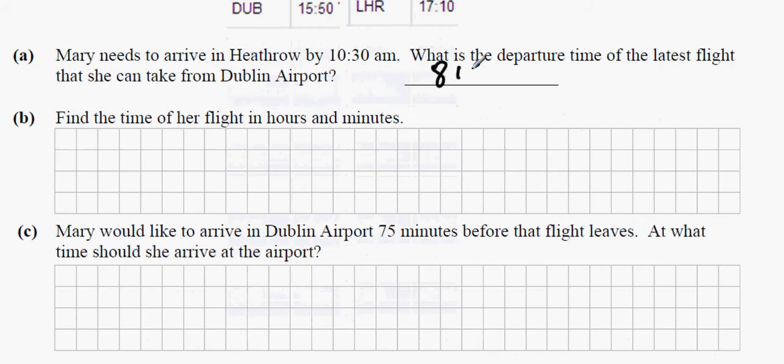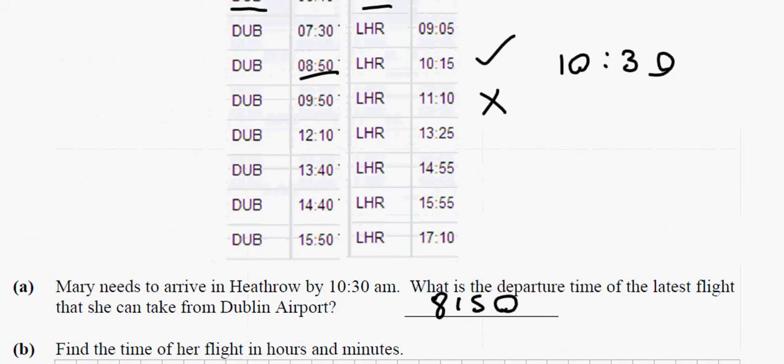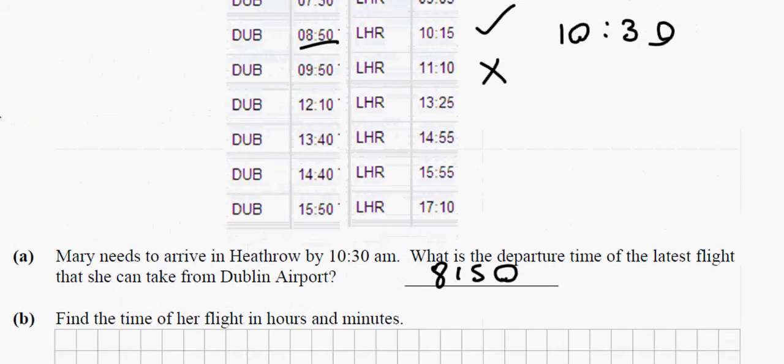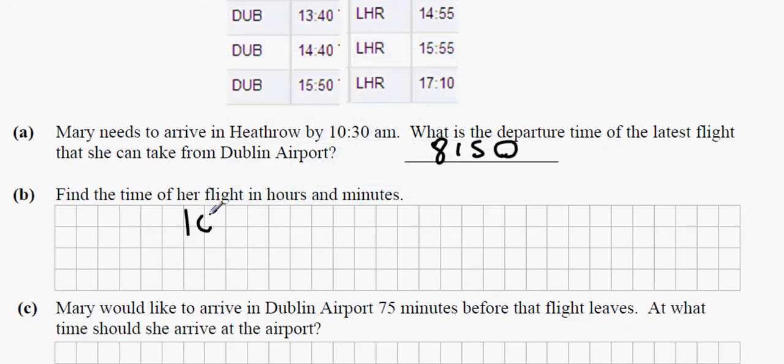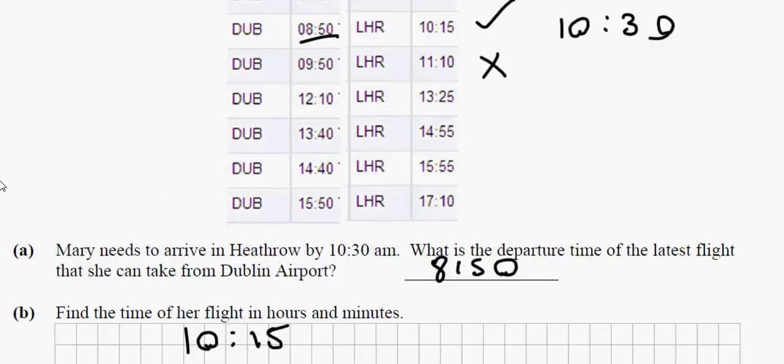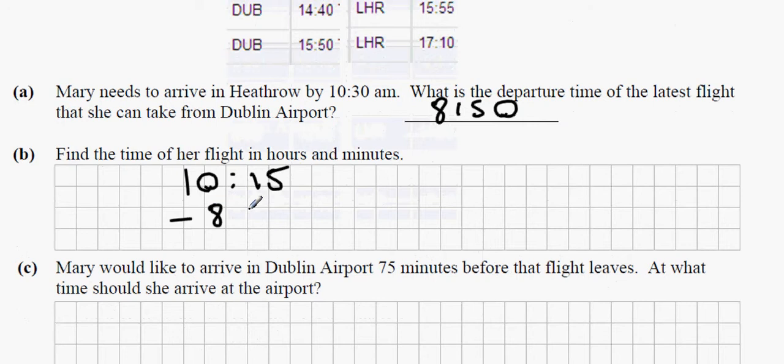Okay, find her time of flight in hours and minutes. Well, she leaves at 8:50 and arrives at 10:15. So 10:15 minus 8:50.